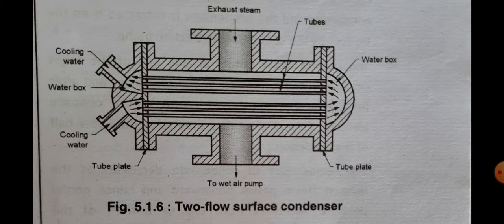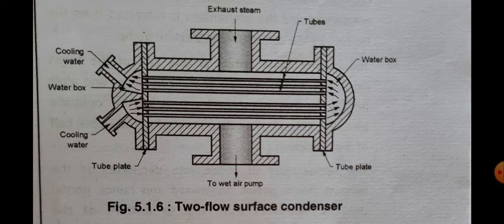Surface condensers may be subdivided into two types. First, shell and tube type surface condenser. Second, the evaporative surface condenser.